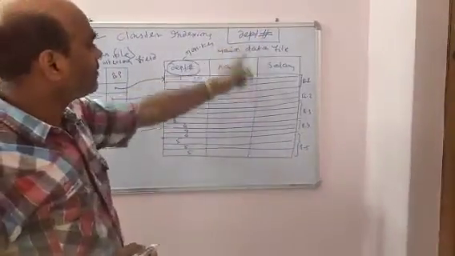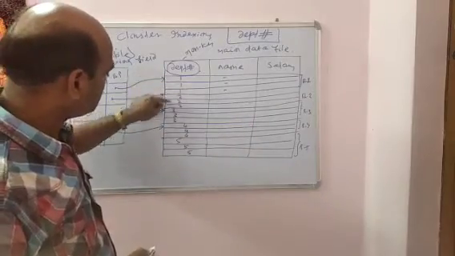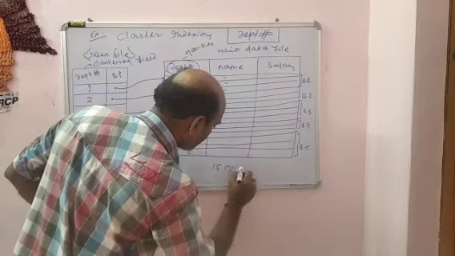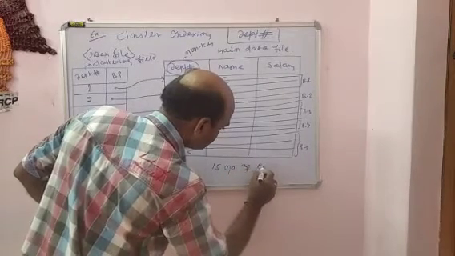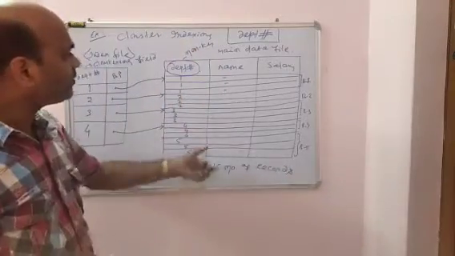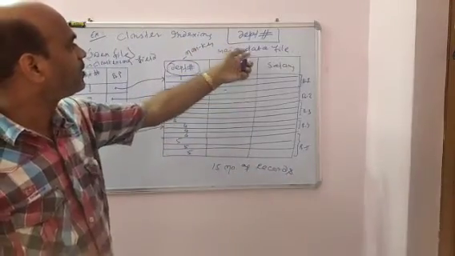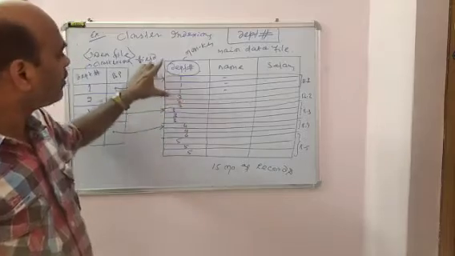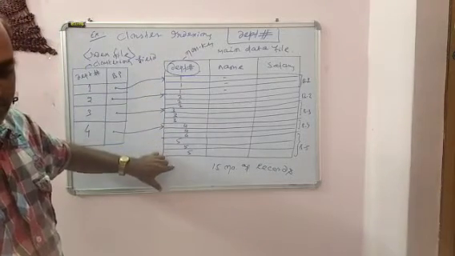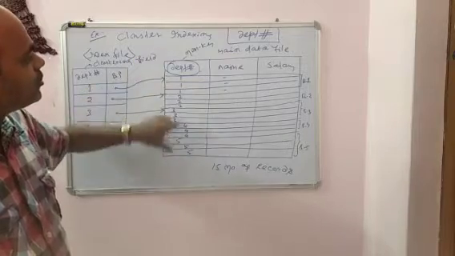So in the main file, how many records are there? 5 into 3, 15 records. Okay, so 15 records are stored in the main data file, and all are sorted.